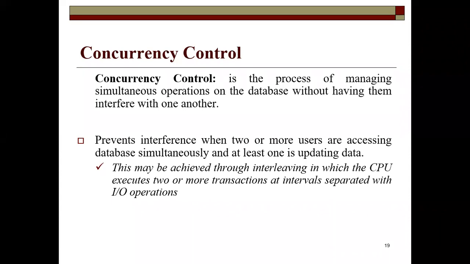But before we delve into this, these activities can be done one after the other in sequence. When you do activities in sequence, you will never have interference. But now we want to have a scenario whereby all transactions are happening at the same time.